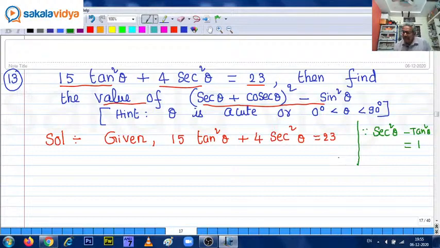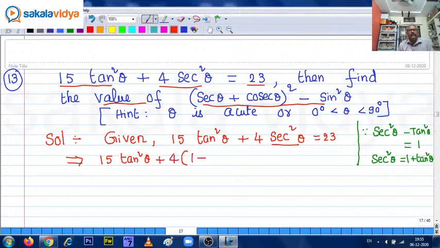Yes. So secant square theta equals 1 plus tan square theta. Let us substitute: 15 tan square theta, having replaced secant square theta by 1 plus tan square theta, plus 4 times (1 plus tan square theta) equal to 23. So we need to solve it now.